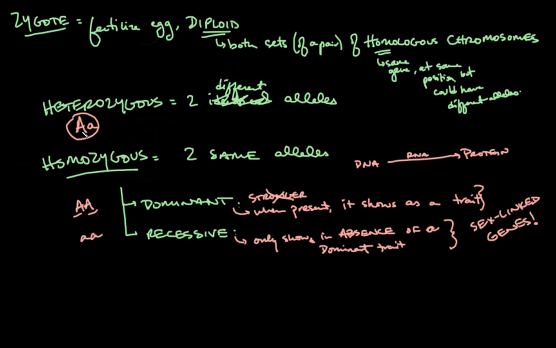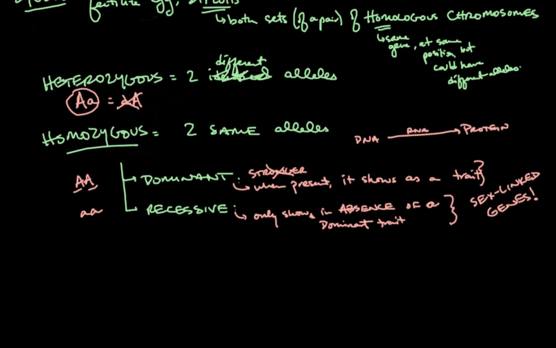We can describe heterozygous as big A, little a, which is the same thing as little a, big A, but we use a specific convention. We always use the capital letter before the lowercase letter. You'll see why later, but that's the format we use when we name these combinations.